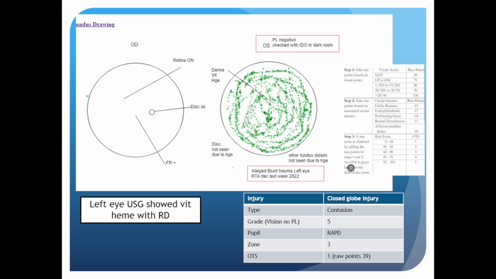Correct. Occult globe rupture, sir. The ultrasound is showing no such problems here. PVD induced. And occult means really occult. It will be really behind the muscle origins, much posteriorly. If there is an acute PVD rupture induced posteriorly, most likely if there is vitreous hemorrhage, there will be incarceration.